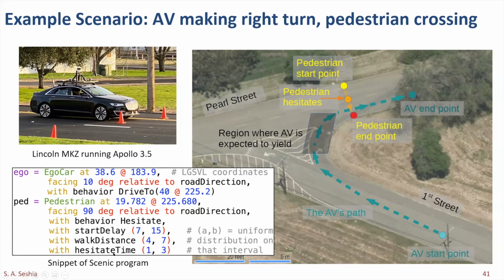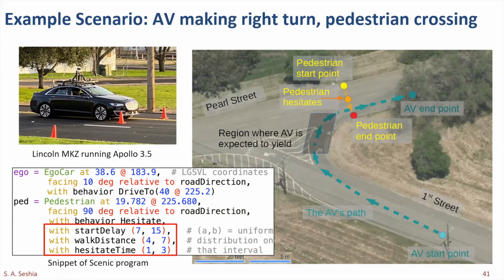So that's another random variable. And it hesitates for between 1 and 3 seconds while in the middle of the road. Okay, so it's modeling the scenario where a pedestrian starts crossing and then hesitates in the middle of the road for some random period of time, and then decides to continue on. And you can also do things where the pedestrian backs up and so on.